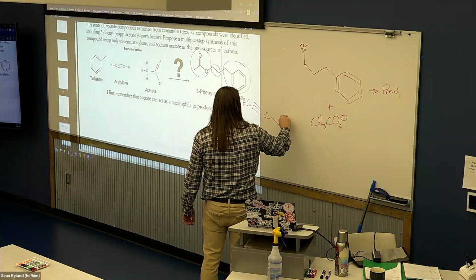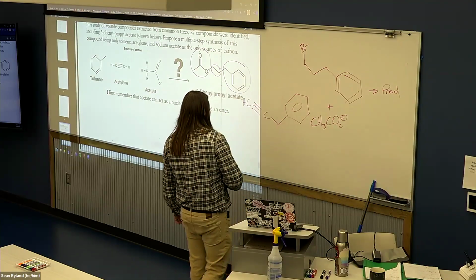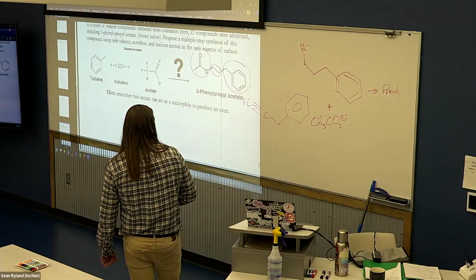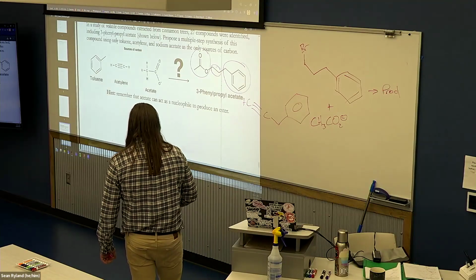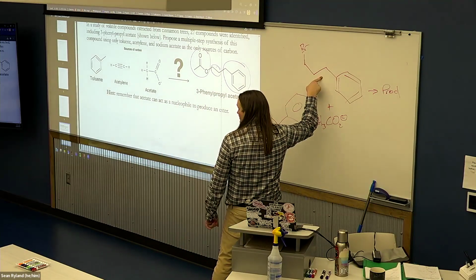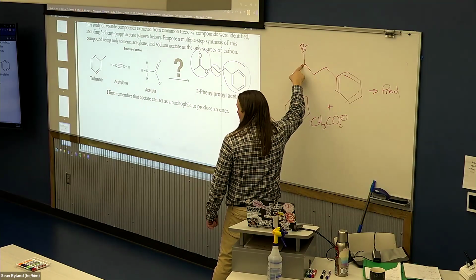Don't lose a carbon anywhere. I'm still not filling in all the steps yet because now I need to be able to go from here to there. But I know how I can add a bromine there.